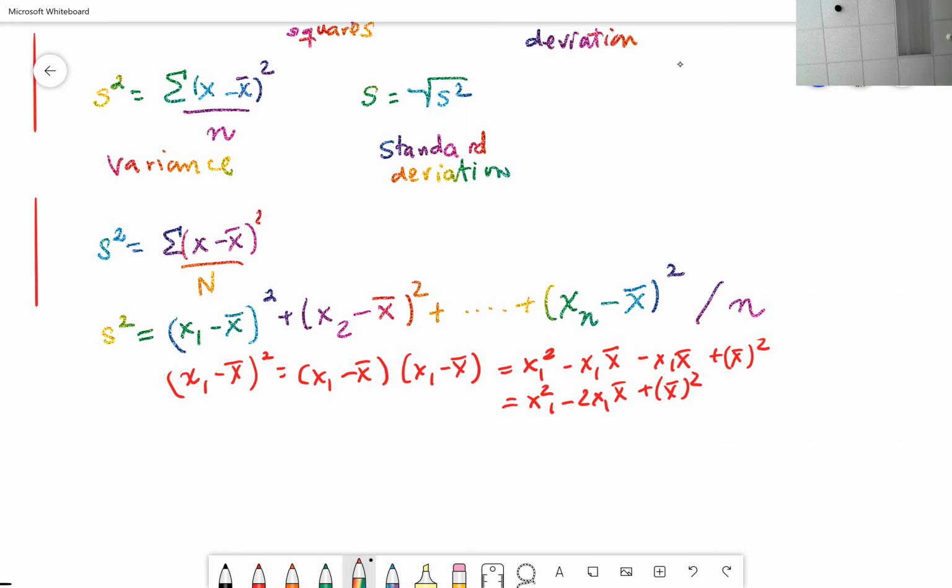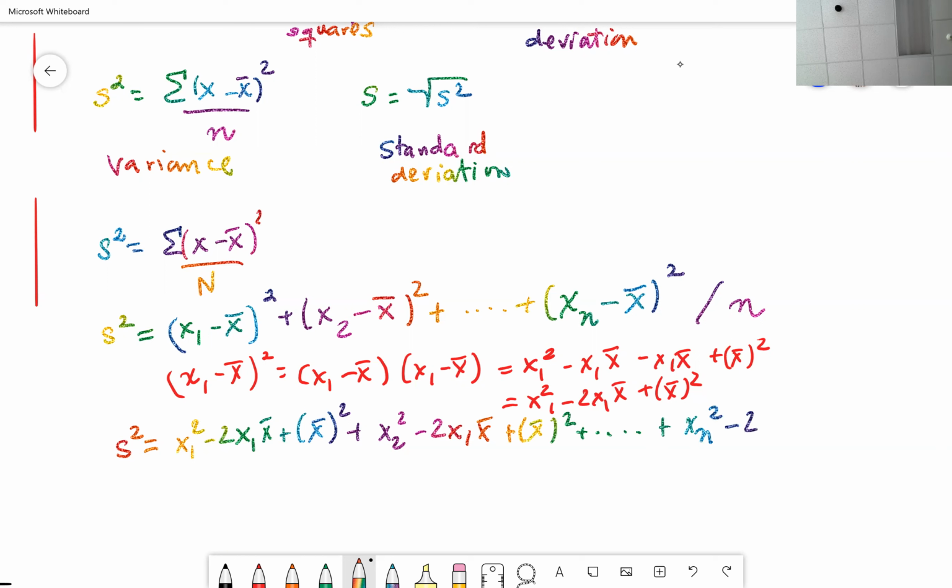Back to this, the second thing here is going to look like x of 1 squared minus 2 x of 1 x bar plus x bar squared, plus x of 2 squared minus 2 x of 2 x bar plus x bar squared, plus dot dot dot, plus x of n squared minus 2 x of n x bar plus x bar squared, all divided by n.